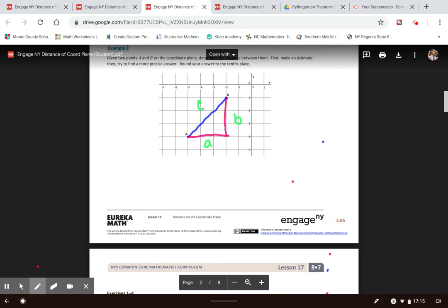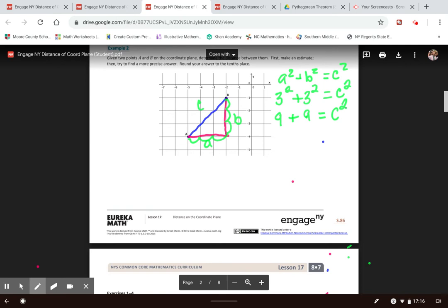So let's count the distance of side A. 1, 2, 3. And then the length of side B. All right. So 3 times 3 is 9. 3 times 3 is 9.